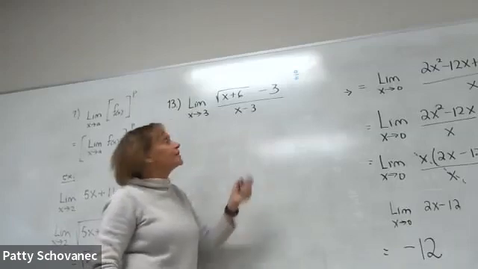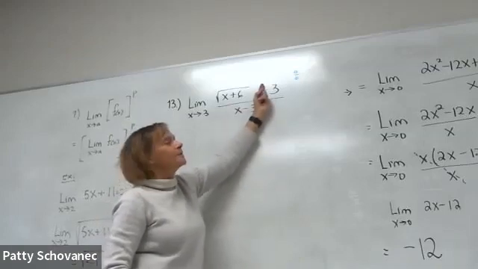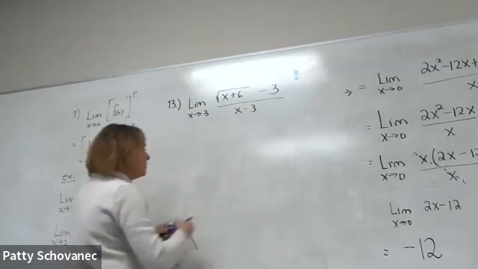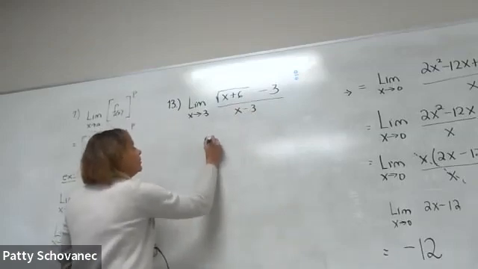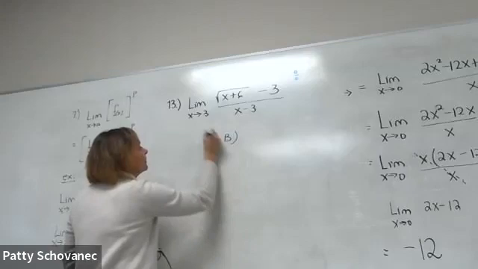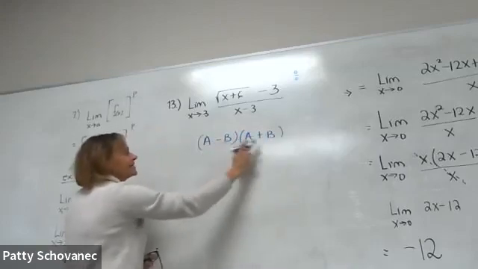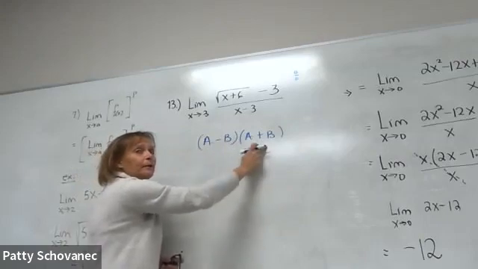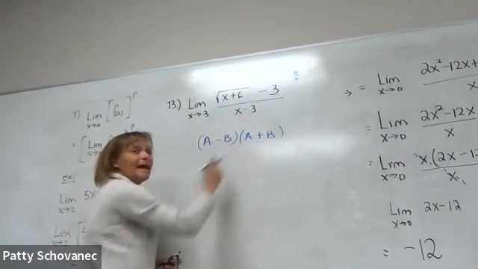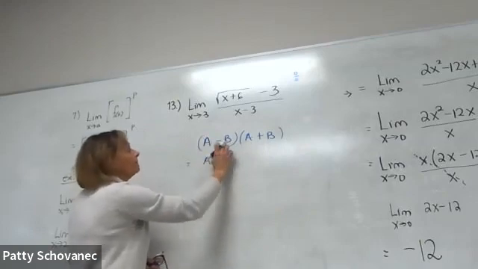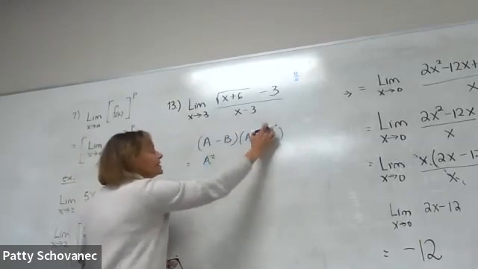The conjugate of this looks like that, but with the opposite sign in between, because we're going to use the fact that when you multiply two binomials of this form, that's the conjugate of the other one. When you multiply this out, you'll get A squared minus BA plus AB.